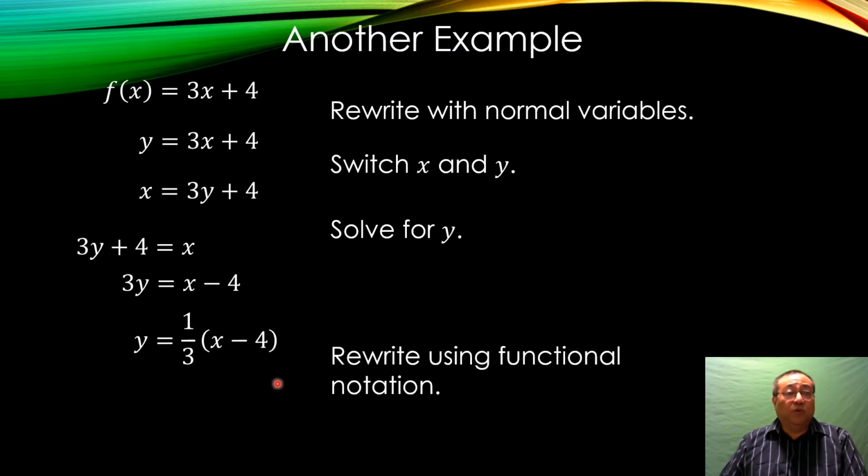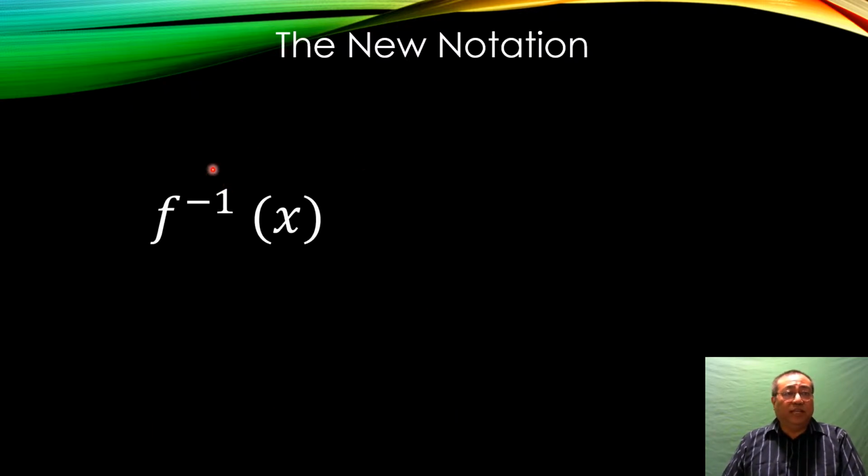And we're going to rewrite this using functional notation. This is the functional notation for the original function, f of x equals 3x plus 4. When we're using functional notation, we can't write f anymore. I guess we could write g, but this is it: f with a -1 on there lets us know it's a functional inverse. So the new notation looks like this.